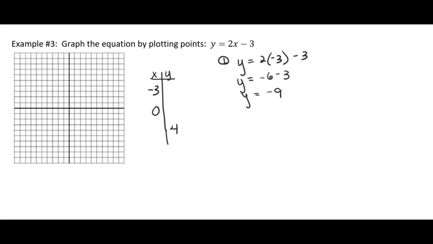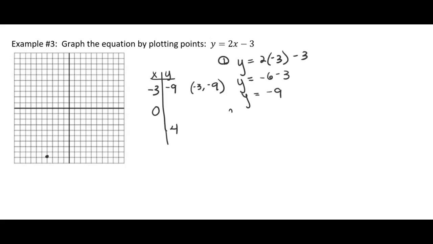So when x is -3, y is -9. That's the match. It's like match.com. -3 matches to -9. That's the ordered pair, and we're going to graph that ordered pair right now. So 3 to the left and then down 9. It's going to be right there. That's the ordered pair -3, -9.